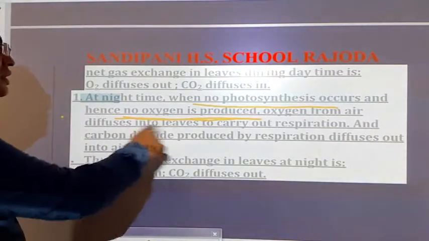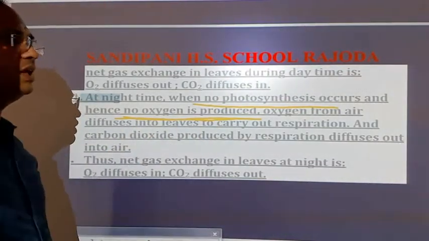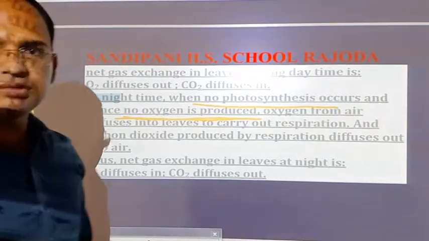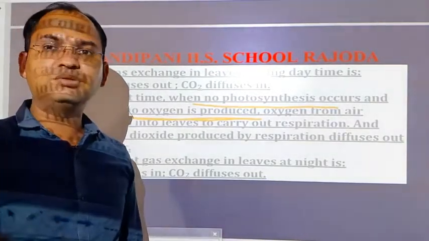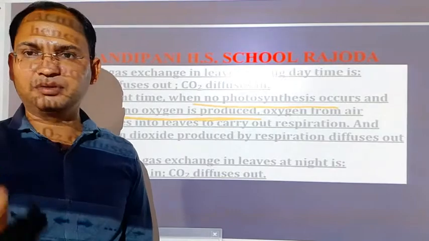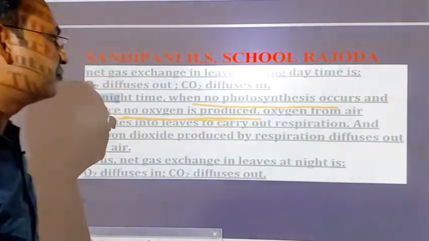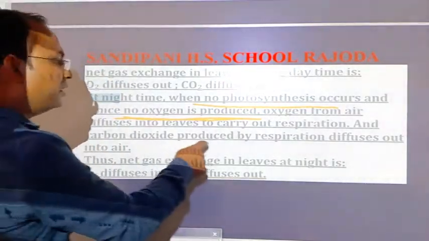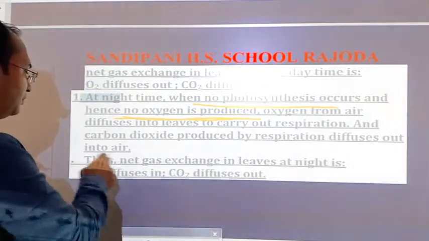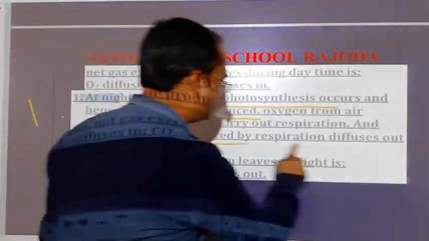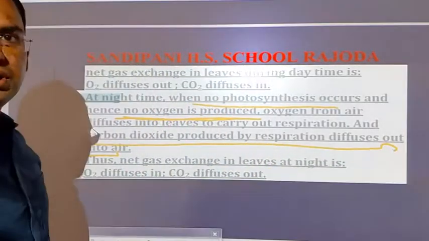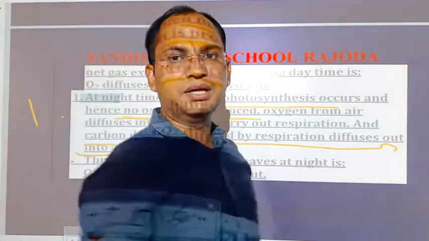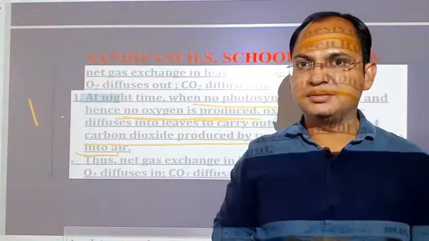Oxygen from the air diffuses into the leaves to carry out respiration. During the night time, plants only take in oxygen and not carbon dioxide, and carbon dioxide produced by respiration diffuses out into the air. During the night time, only carbon dioxide is exhaled and oxygen is taken in.